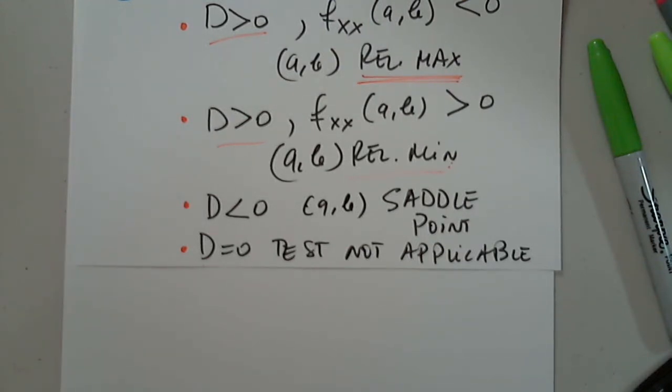So at this point, the function does not have a max, does not have a min. It goes lower than it, and it goes higher than it. So this point, that is the saddle point, doesn't mean anything in terms of max min, that's what I meant. Okay? So this function, right?